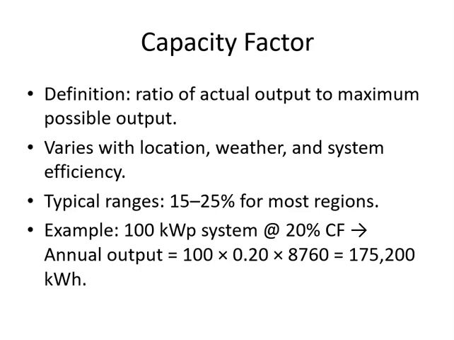Okay, a short example: let's take a system whose peak generation is 100 kilowatt peak. A system at a 20% capacity factor produces 175,200 kilowatt hours per year. The calculation is simple and straightforward.